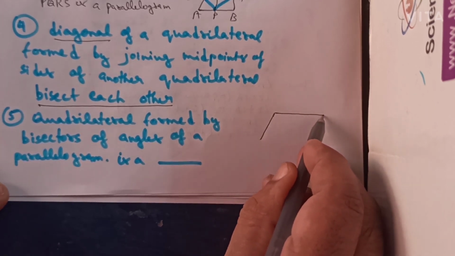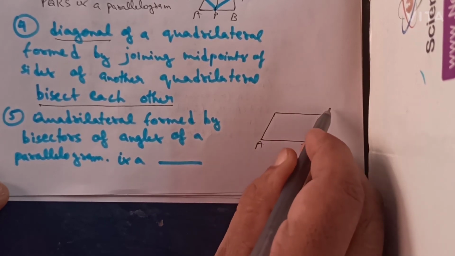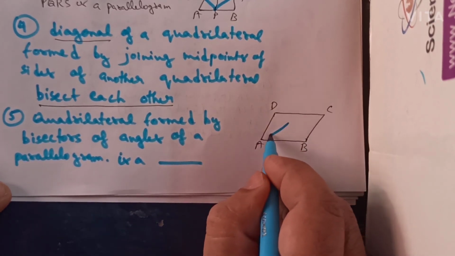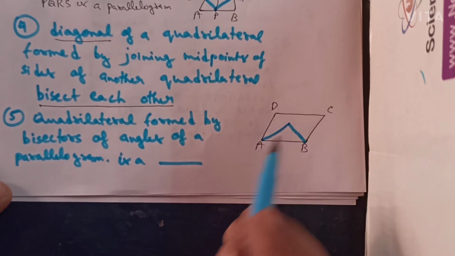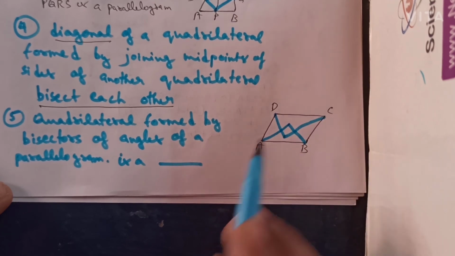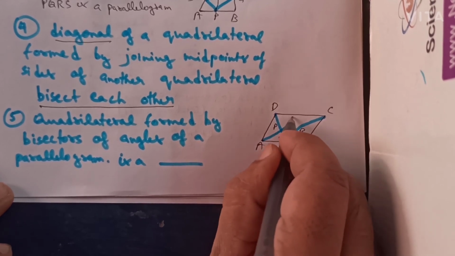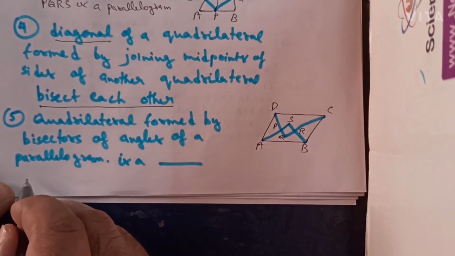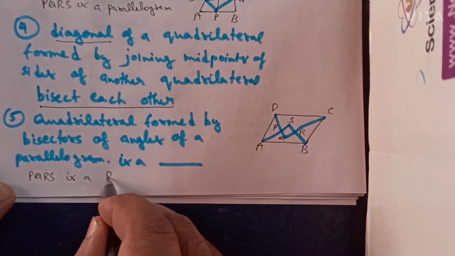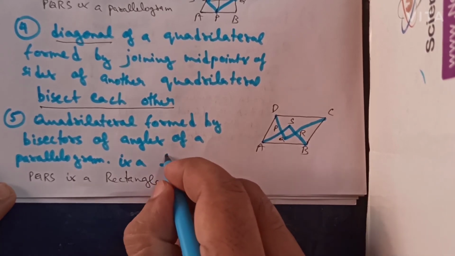Suppose ABCD is a parallelogram, and if we draw the bisectors of angle A and angle B, similarly we draw the bisectors of angle C and angle D, then this figure formed, say PQRS, this figure formed, PQRS, is a rectangle. Okay, it will be a rectangle.